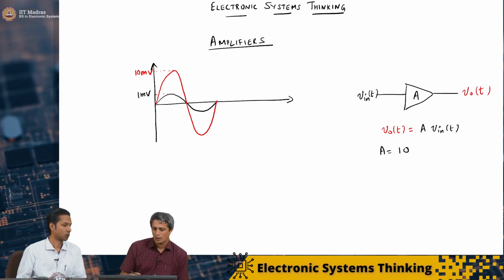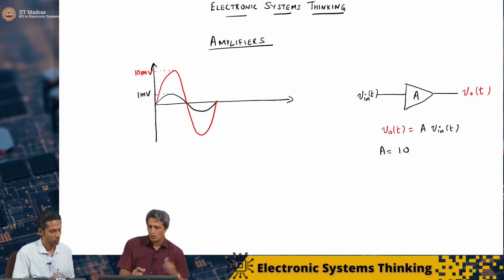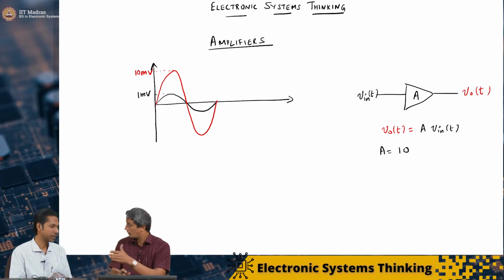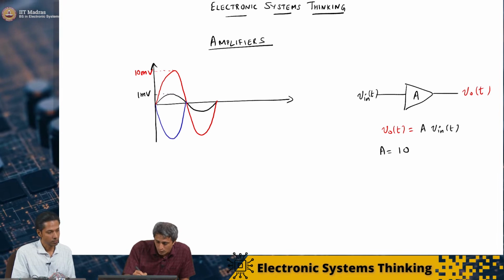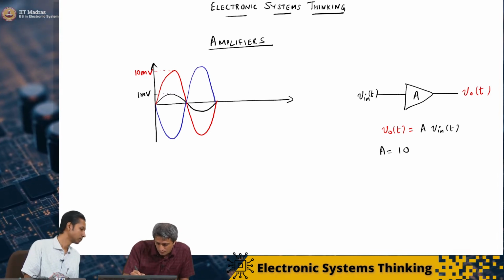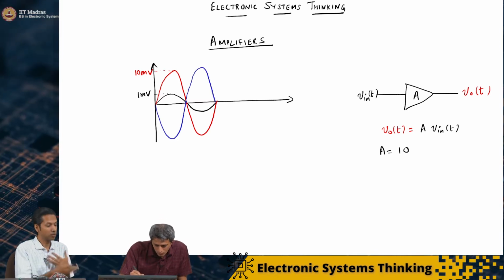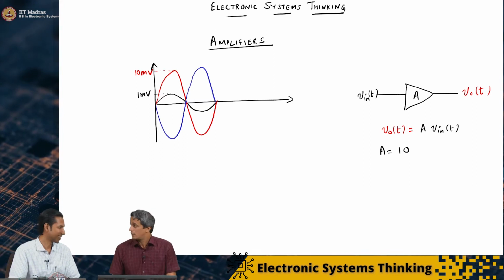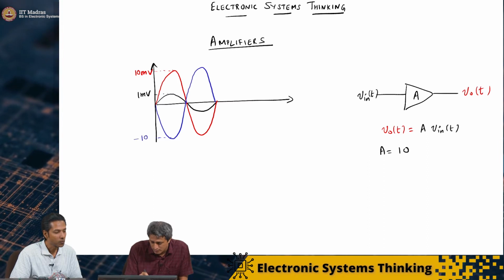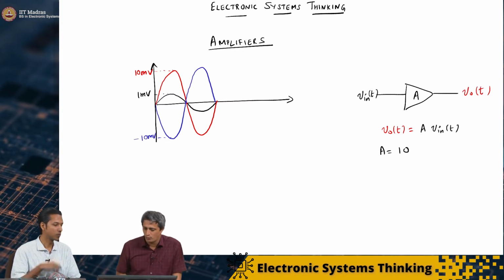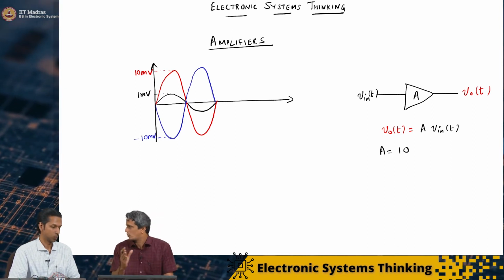If it is 180 degrees, you want the sine wave to be off by half a period, so the output will look like an inverted version of the red wave. The amplitude will still be minus 10 millivolt, plus 10 millivolt. The frequency is not changing, only the phase has moved.